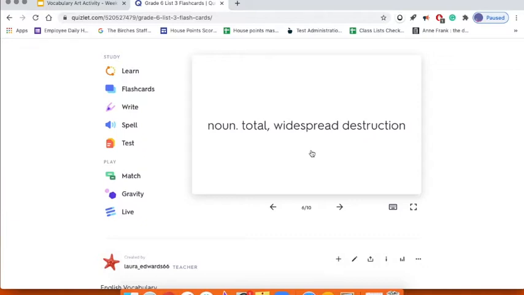It can't be used as a verb or an action word unless you added a different ending. This 'tion' means it's a noun. If you wanted to turn it into a verb, it would need to be 'devastate,' and that would turn it into a verb.